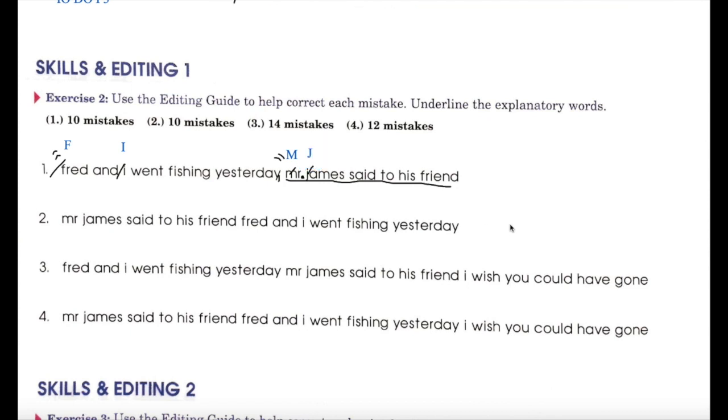We need to put in a period at the end for our ending punctuation. Let's count our mistakes, see if we have everything. We should have 10. 1, 2, 3, 4, 5, 6, 7, 8, 9, 10. We do. Number 2, Mr. James said to his friend, Fred and I went fishing yesterday. Underline your explanatory words. They come at the beginning this time. Put in your quotation marks.